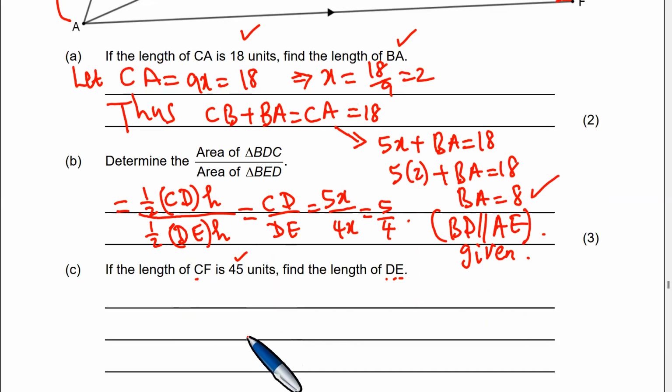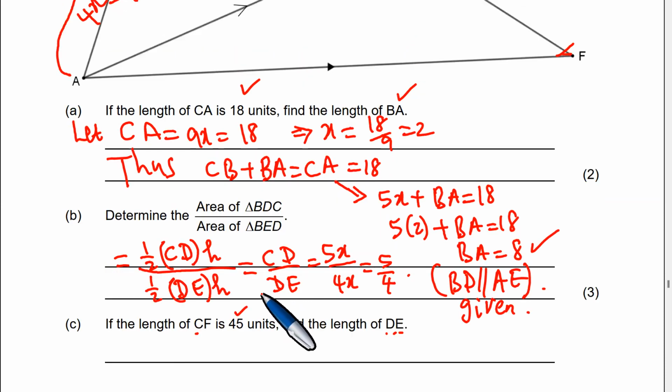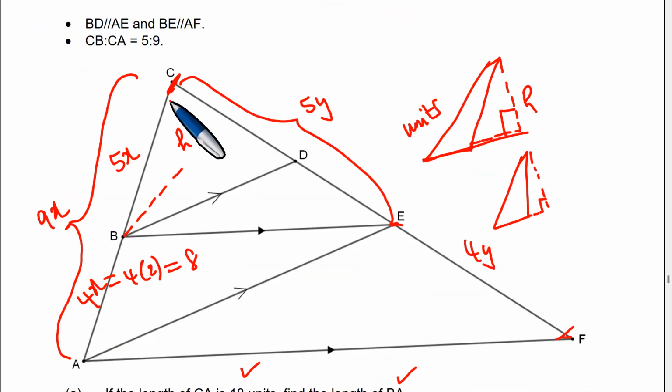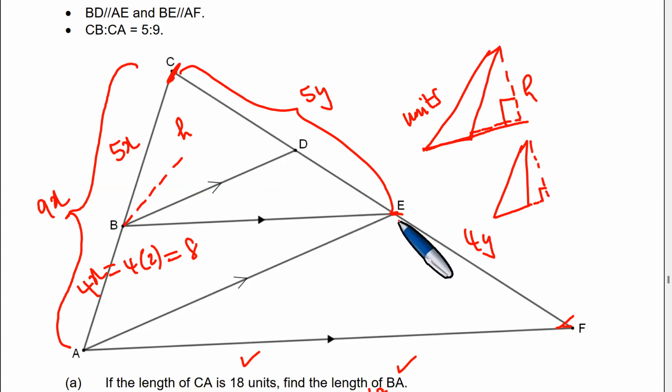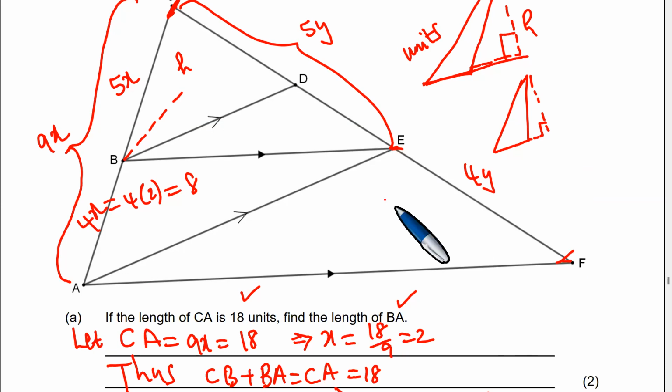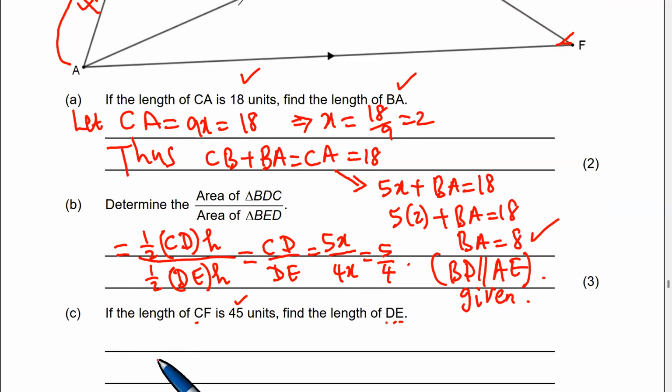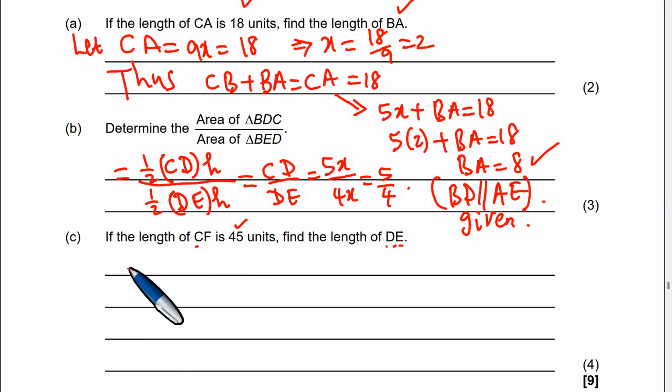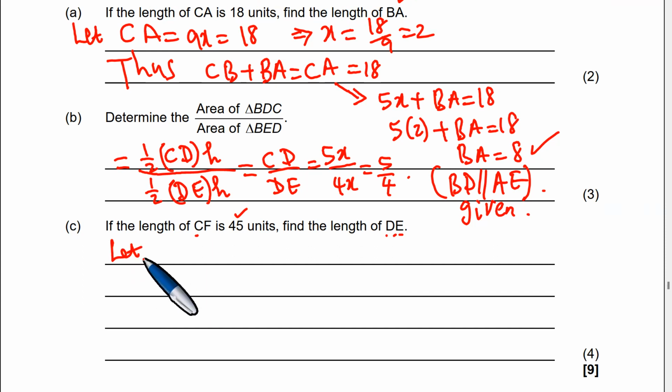Now we add them up according to this. So CF, in other words, you can say CE plus EF.